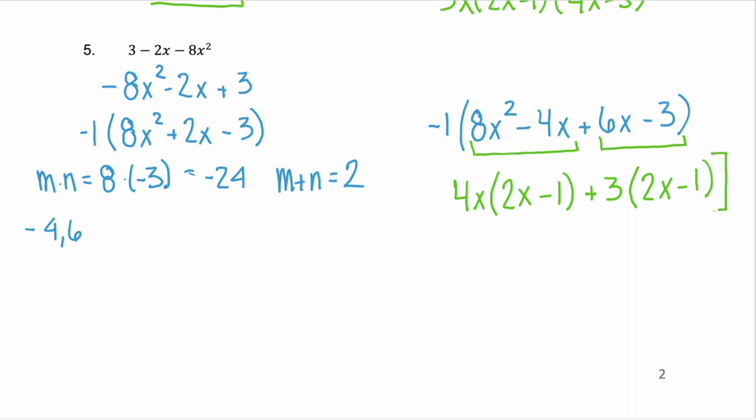Remember, put that whole thing in brackets and bring down that GCF. You don't want to forget that GCF. Now we need to factor out that binomial that our two terms have in common. Factor out the 2x minus 1, and you have the binomial of 4x plus 3. And bring down that GCF. So we have factored 3 minus 2x minus 8x squared.